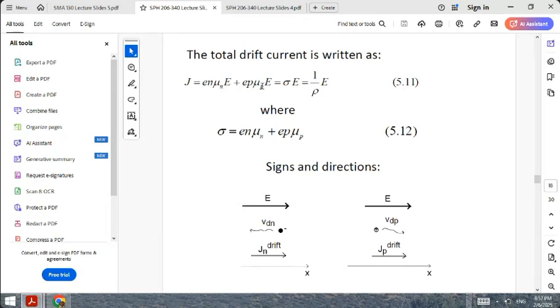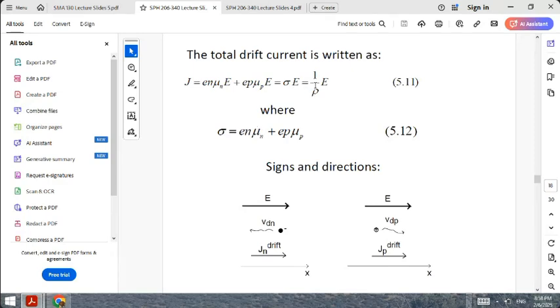And if you see here, there is e n mu n, e p mu p, and I can take e common. e is common to these two terms, and whatever is inside the bracket will now be represented by this letter sigma, where sigma is e n mu n plus e p mu p.